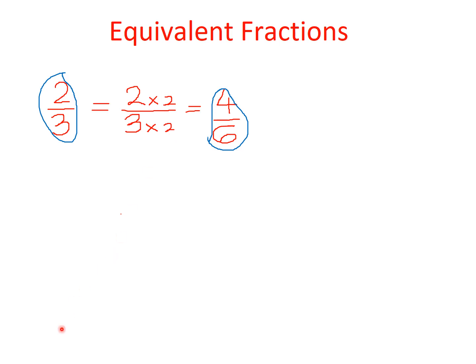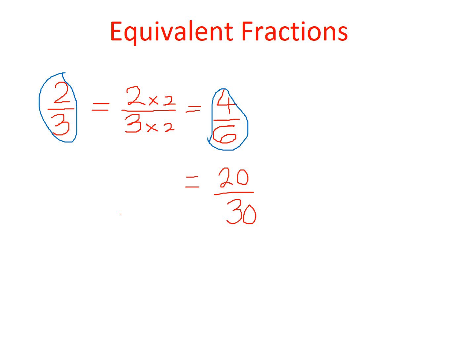Yes, I can give you like 10 right now. I could tell you easily that another equivalent fraction of 2 over 3 is 20 over 30. 20 over 30 is essentially an equivalent fraction of 2 over 3.